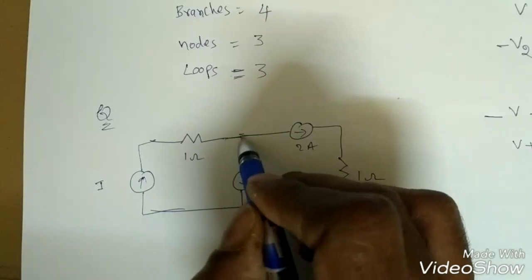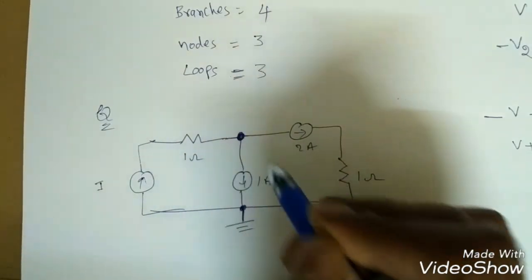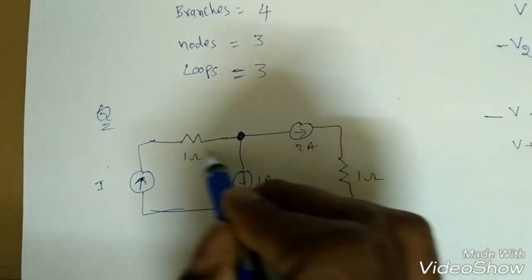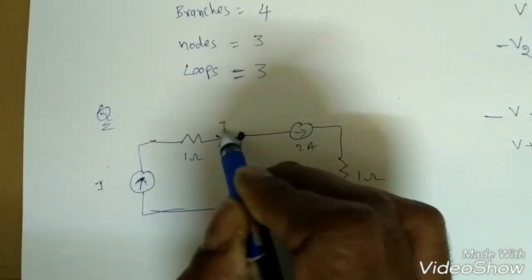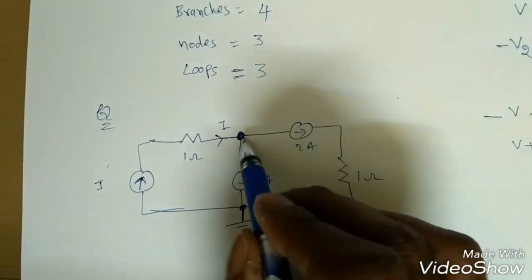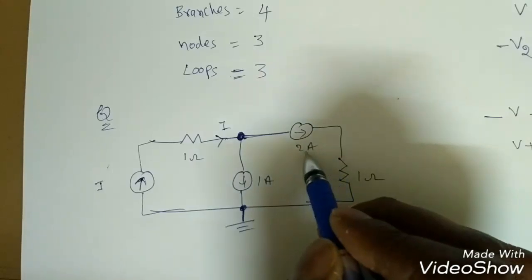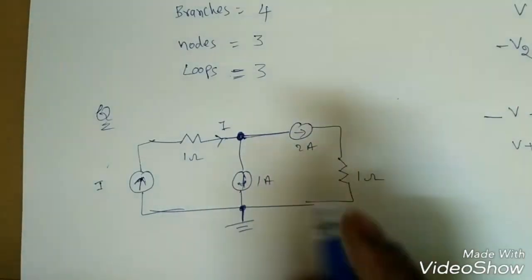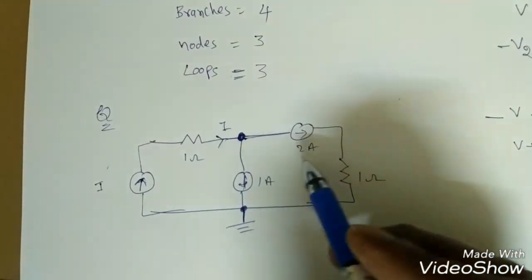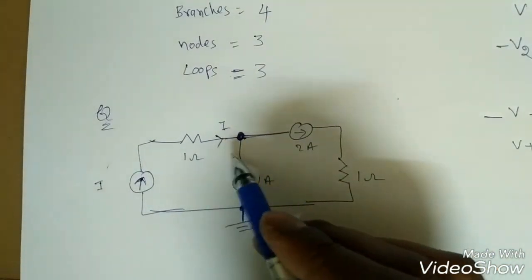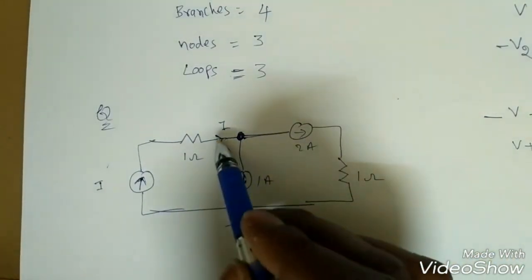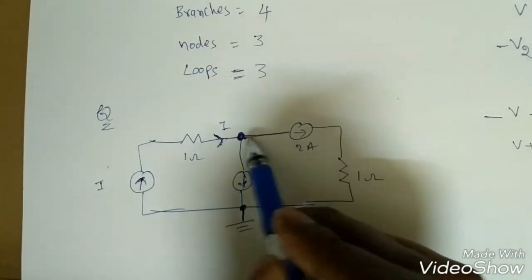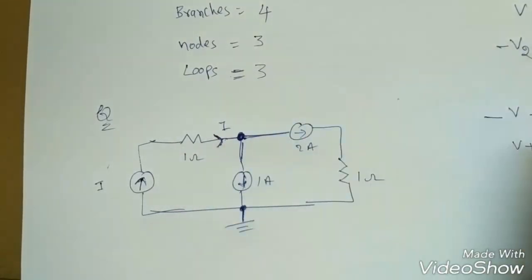Now if I apply KCL at this node, the main node, the I is incoming, so I can take it as I, and for this branch the current is leaving as 2 ampere and this branch is 1 ampere. Now if I apply KCL around this, when you are applying, I told you you have to give a polarity, that is if you assume the incoming is positive, then the leaving you should assume as negative, right?